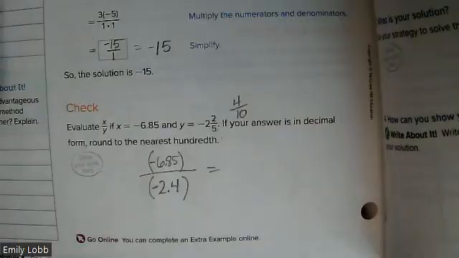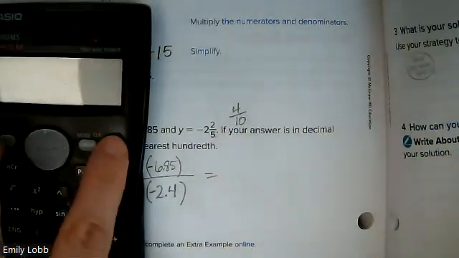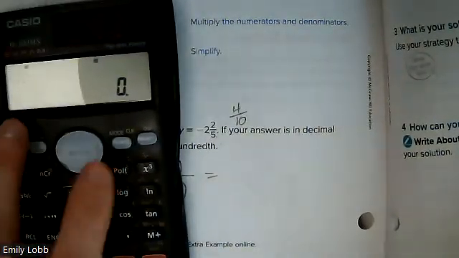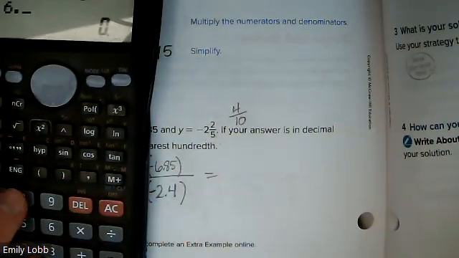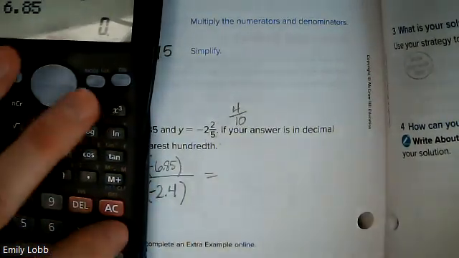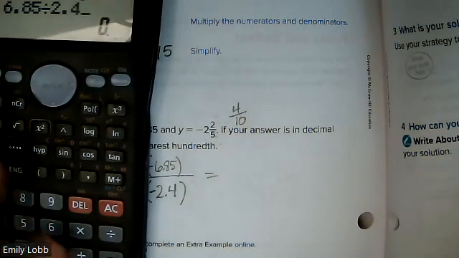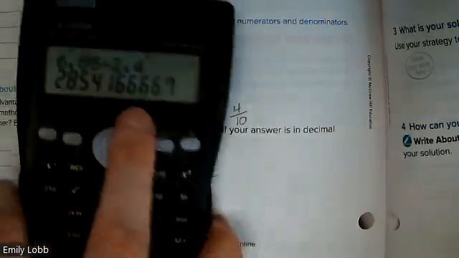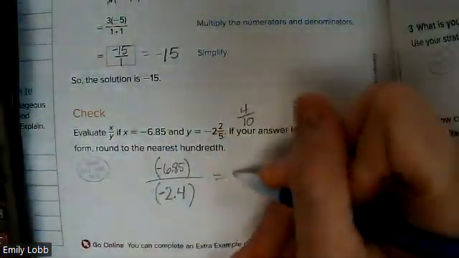So then I would put it into my calculator. You can put the negatives in or know that when your signs are the same, it's positive. So here it's positive. So I would say 6.85 divided by 2.4. 2 and 85 hundredths, which is close to 3 like we were expecting.